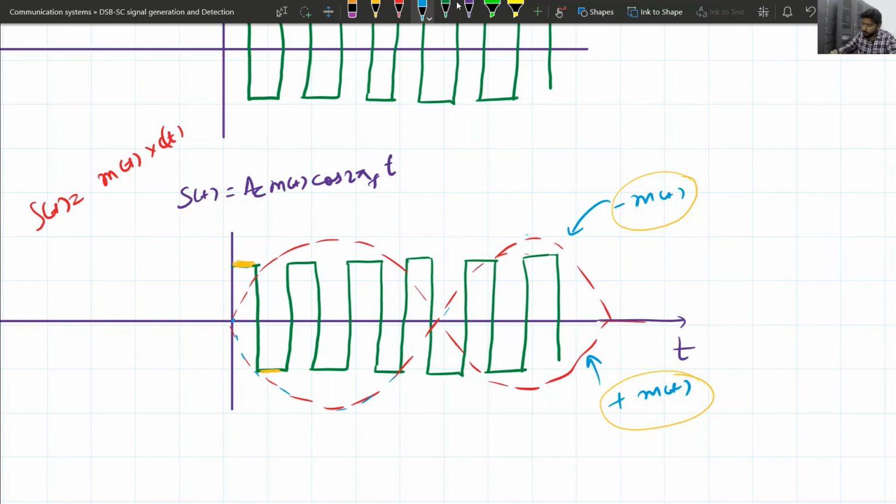For CT greater than 0, this will be plus MT. For CT less than 0, the output will be minus MT. Once again, CT when greater than 0, we have to take plus MT. Similarly, minus MT, plus MT, minus MT.